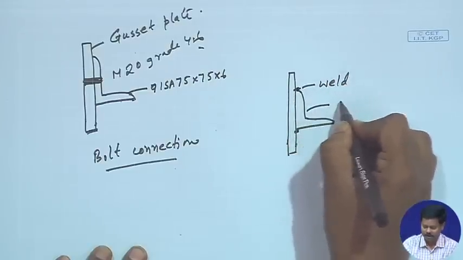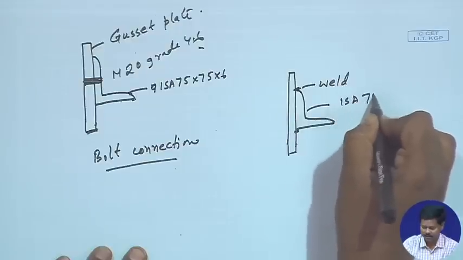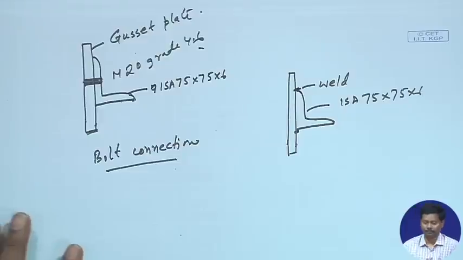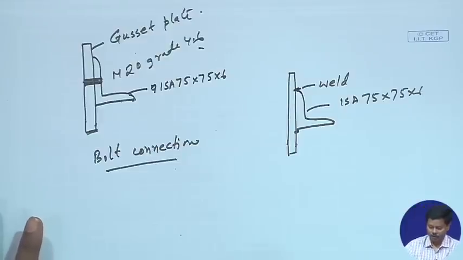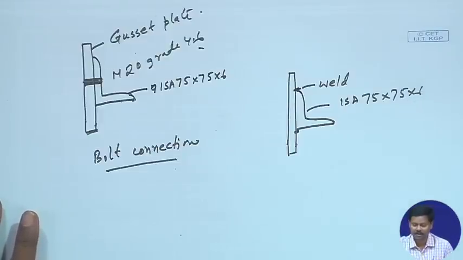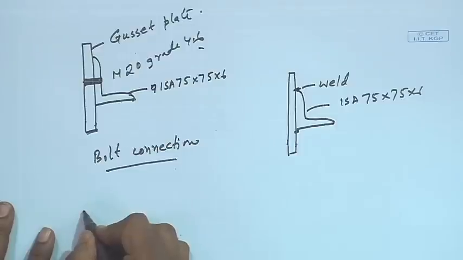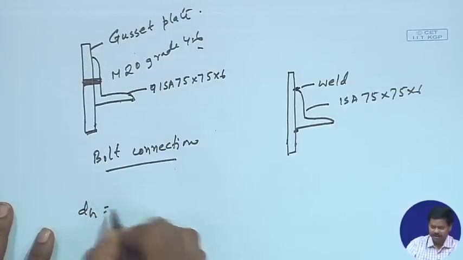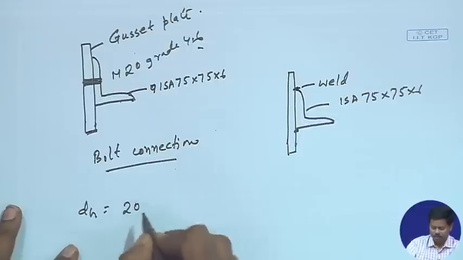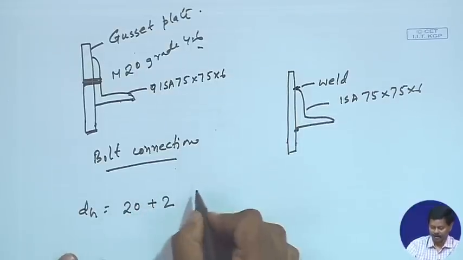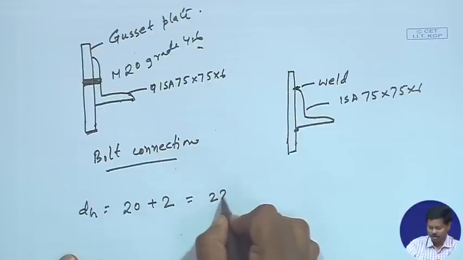This angle section is also ISA 75 by 75 by 6. For the first case, the diameter of the bolt hole DH I can find out as the nominal diameter of bolt plus clearance of 2 mm. So, this is 22 mm.